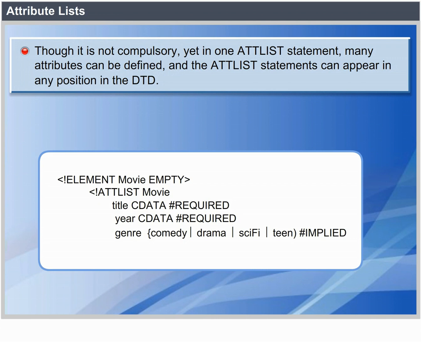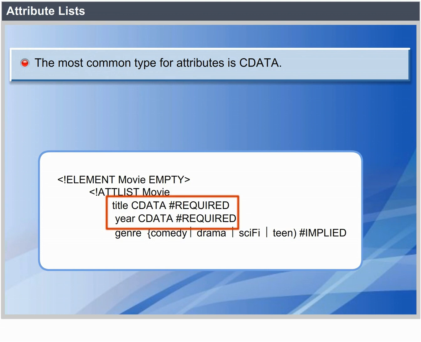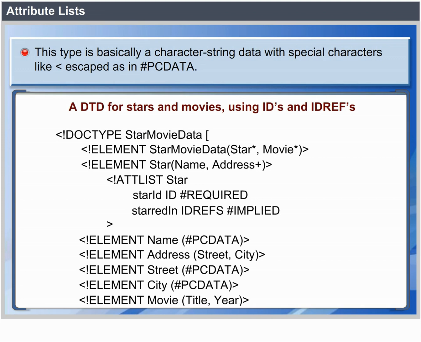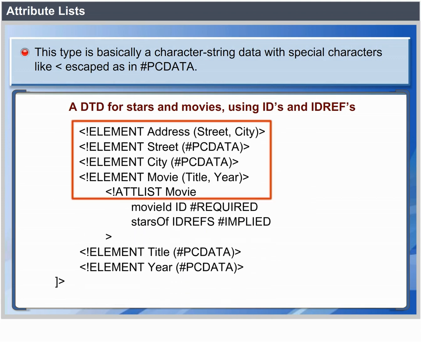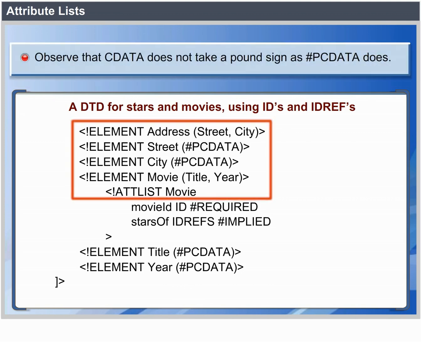The most common type for attributes is CDATA. This type is essentially character string data with special characters like less than escaped as in PCDATA. Notice that CDATA does not take a pound sign as PCDATA does.